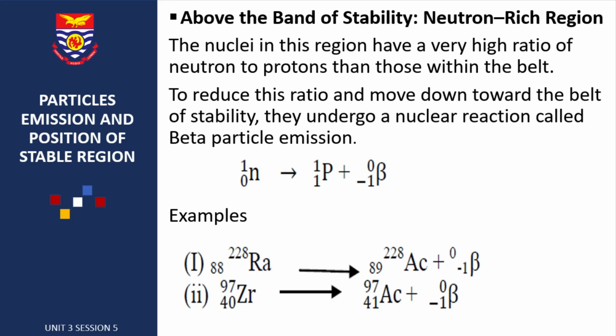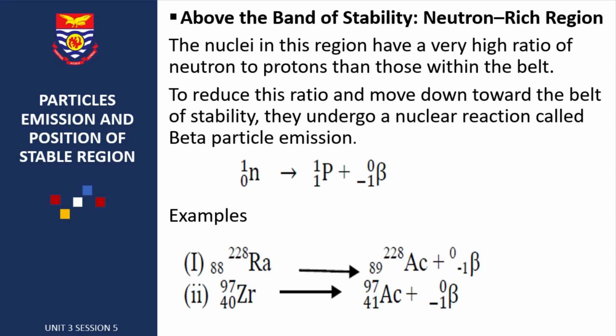When it undergoes beta radiation, a neutron is converted to a proton, thereby reducing the number of neutrons present. In this case, the ratio of neutron to proton will be reduced and the nuclei will be moving toward the belt of stability.